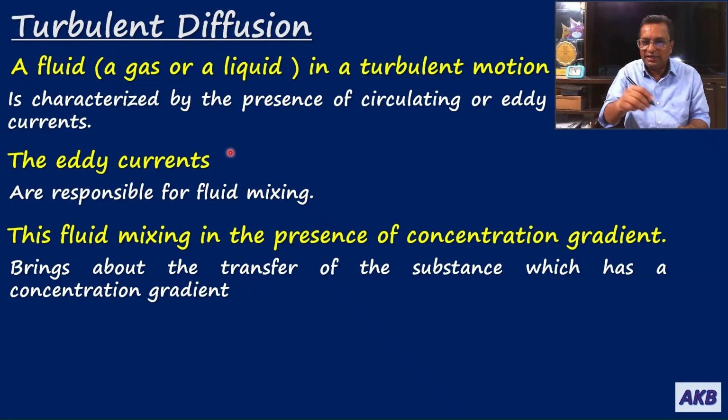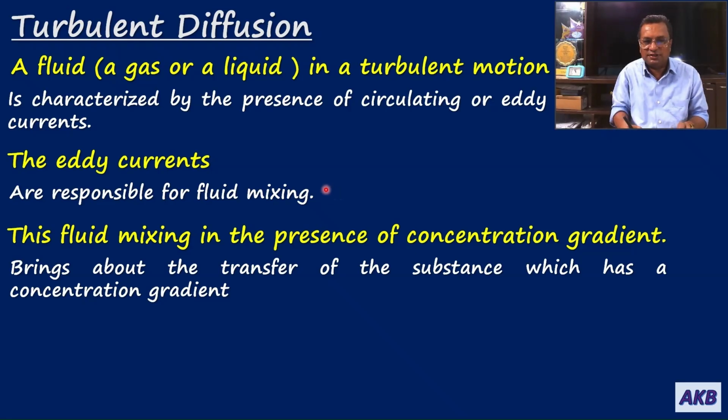The eddies, or large chunks of fluid, move randomly within the fluid under turbulent conditions, and along with their movement, the substance present in the fluid gets transferred. So here there is transfer of substance which is happening due to movement of eddies.